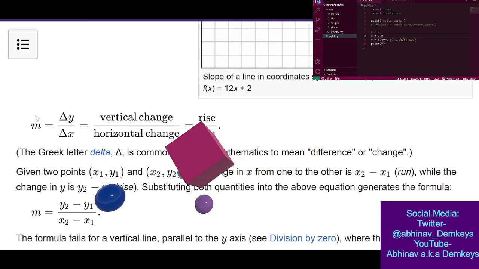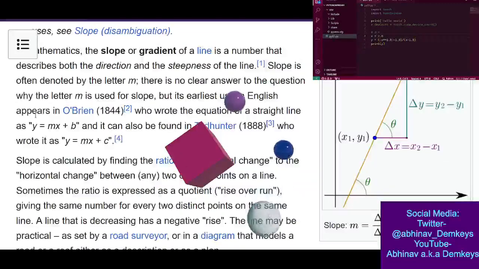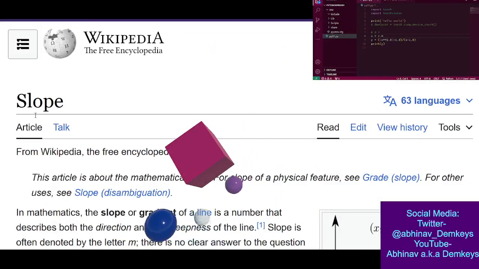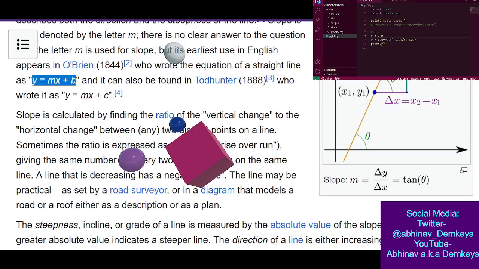Now, that being said, I'm wondering how this ties back into y equals mx plus b. I'm wondering if this is just a rearranged version of y equals mx plus b.